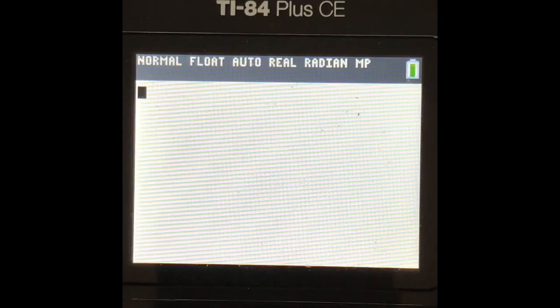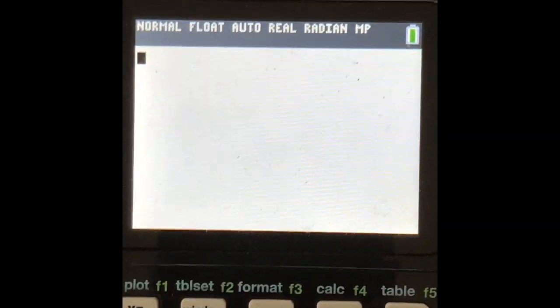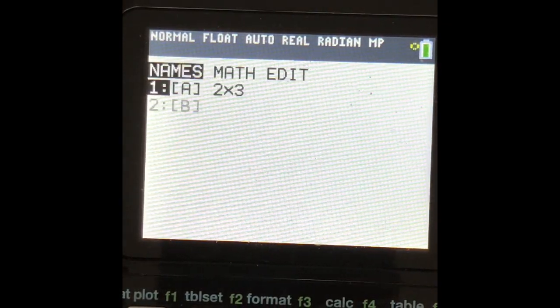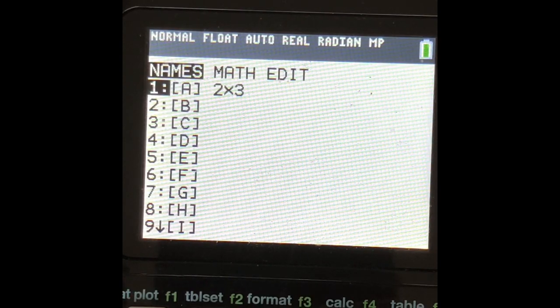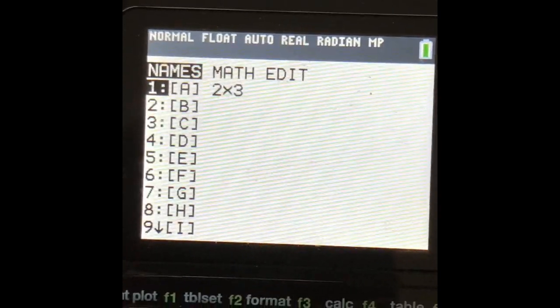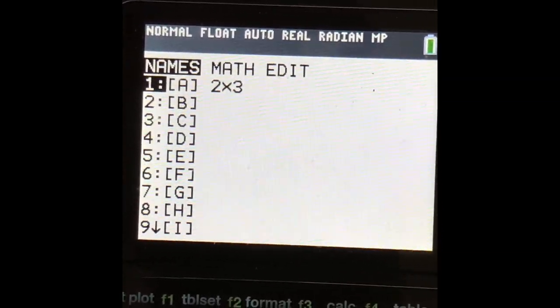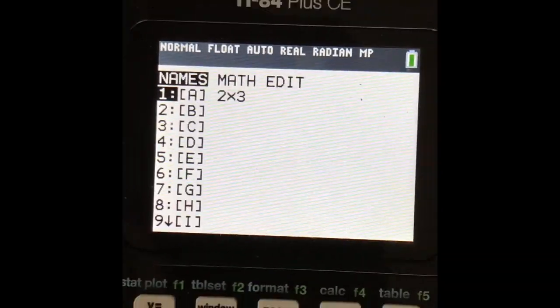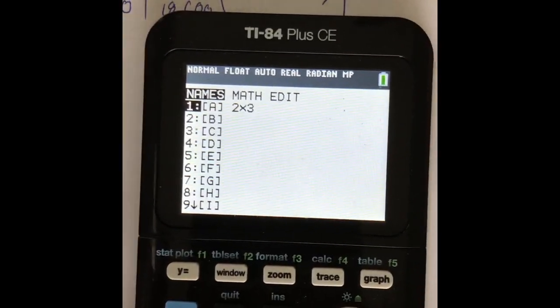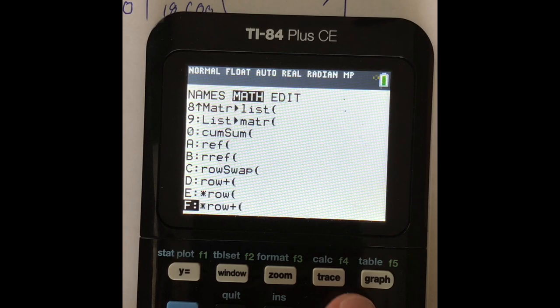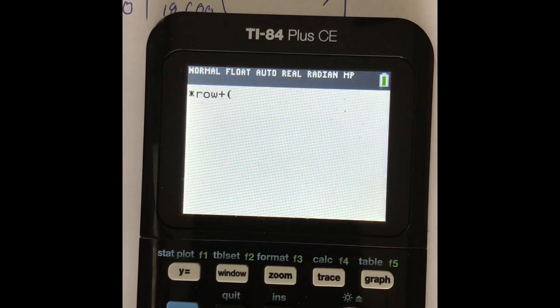Okay. So what I'm going to do is hit second X inverse to go to the matrix menu, and then math, times row plus. The first entry is the multiplier.